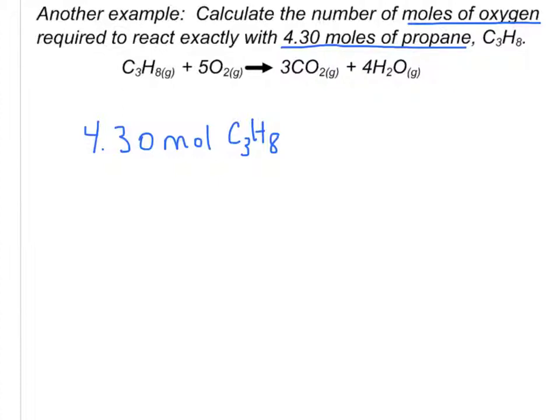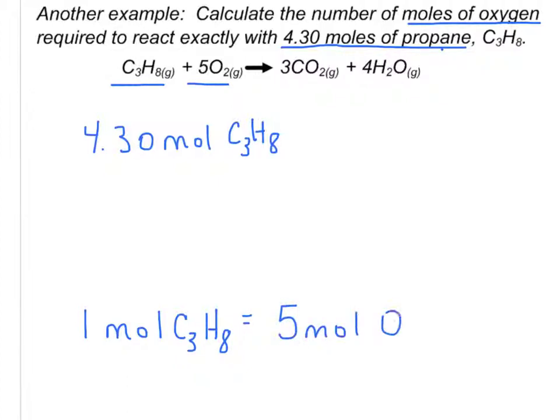What is our mole to mole ratio between oxygen and propane? We know that 1 mole of propane is going to be equal to 5 moles of oxygen. So we're going to use this equivalent statement right here in our big fraction, okay?